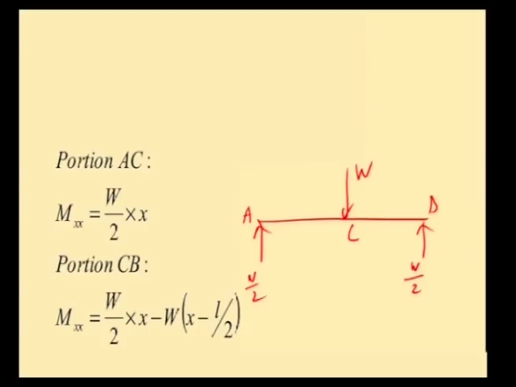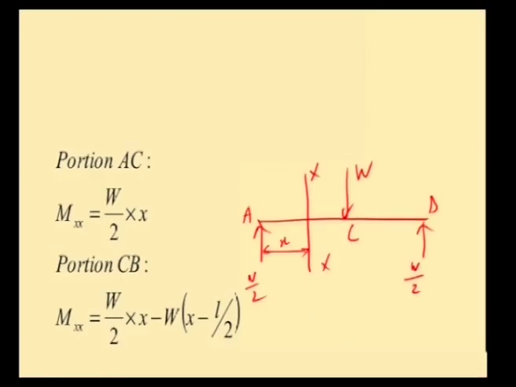If we consider a section xx in portion A C at distance x from the left end, then the bending moment at xx will be equal to W by 2 into x. We have a load of W by 2 to the left side of x, and that will produce a clockwise moment.